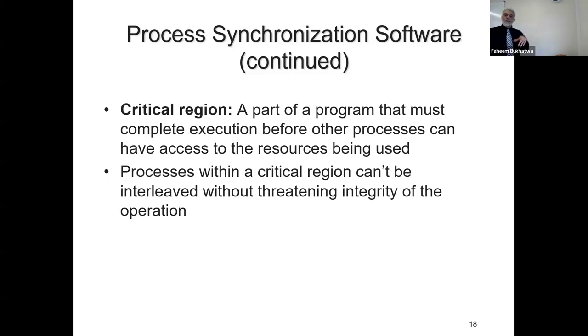Very good. Now we have something called the critical region, another problem, and this is a problem of synchronization. What's the critical region or critical section? Remember, now we're going to be running the same code. As I said earlier, if we have threads, we have one code in memory and there are multiple threads running it.